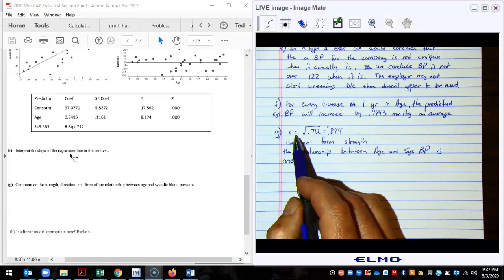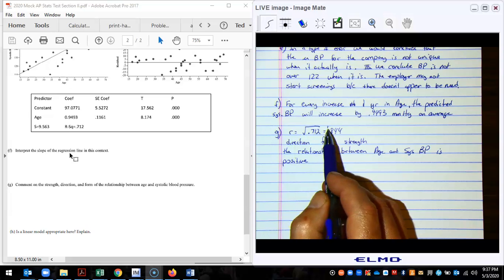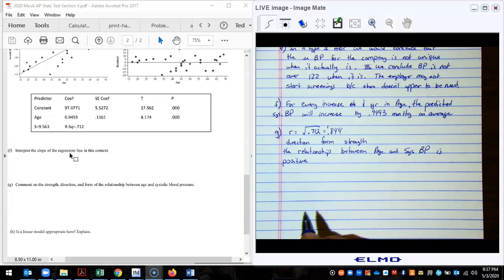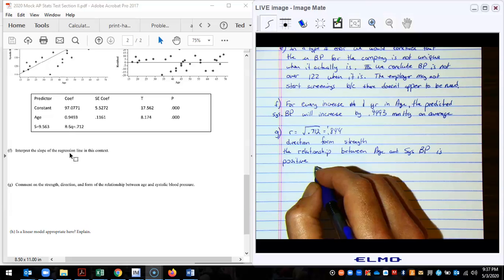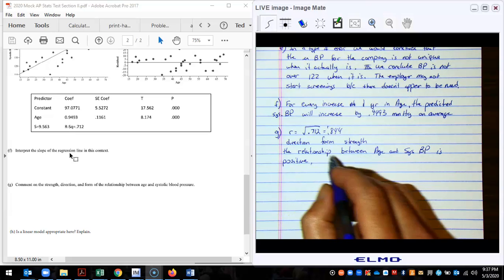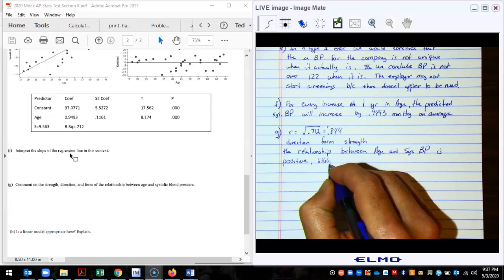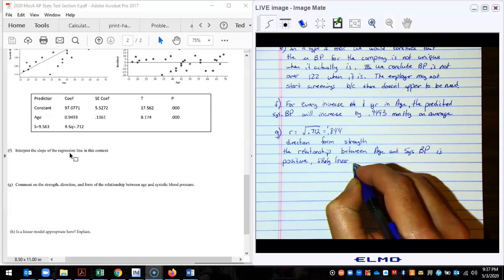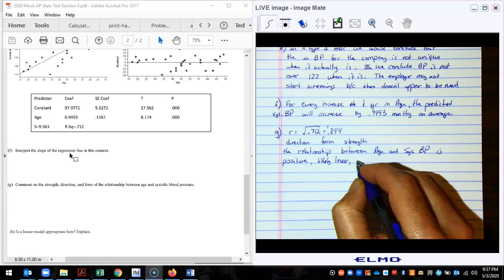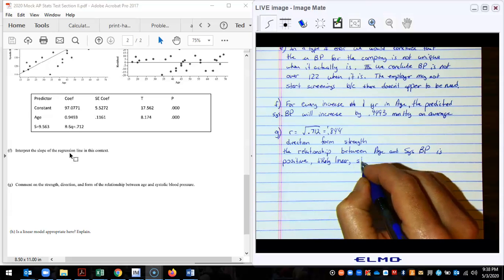Sometimes if we had a decreasing relationship, this R value may be negative, so always go back to your slope and look. Okay, it's positive, it is likely linear, and it is strong.